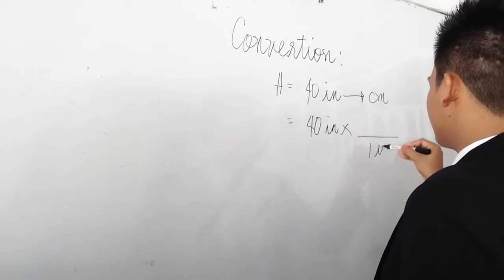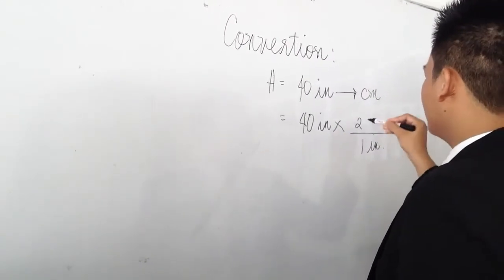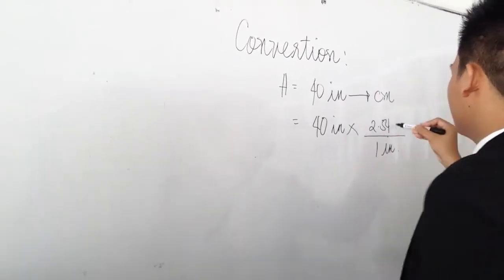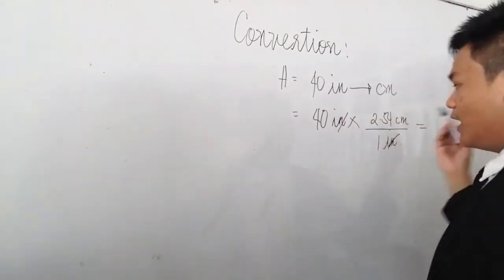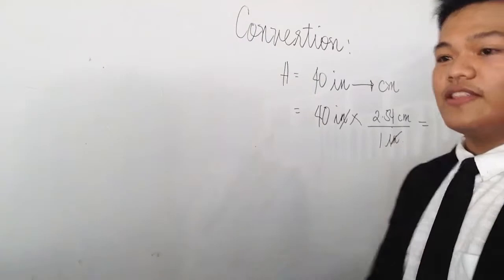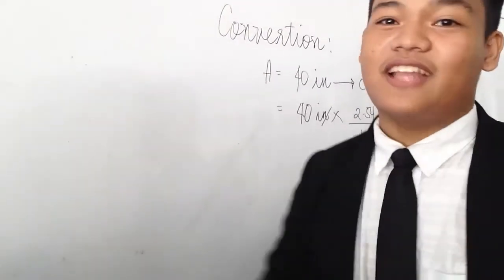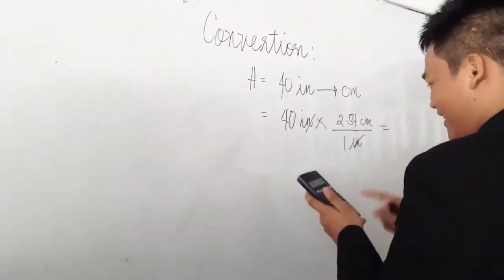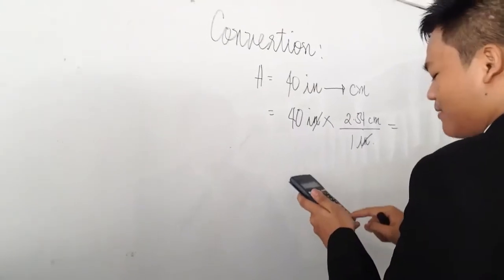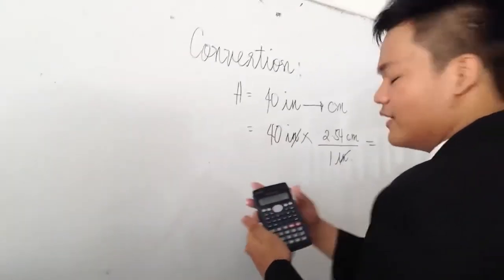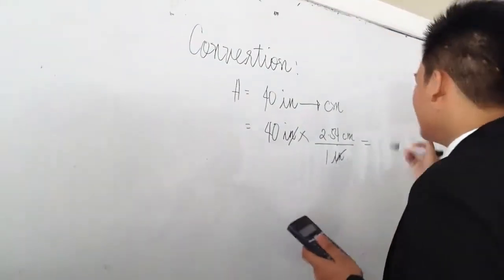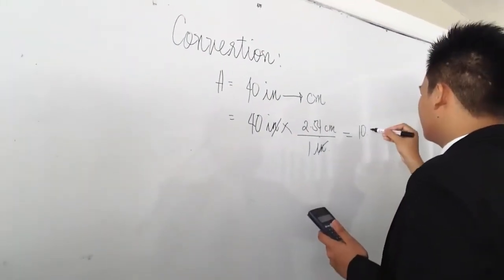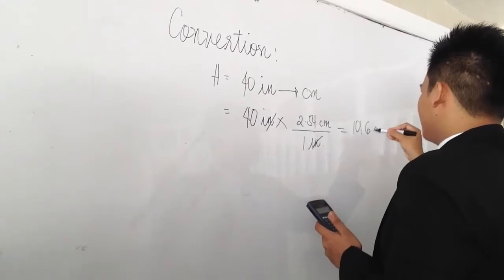In 1 inch, we have 2.54 centimeters. So 40 times 2.54 centimeters is, I will use my calculator, 40 times 2.54, we have 101.6 centimeters.